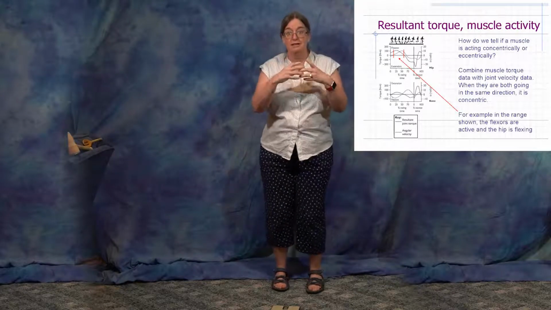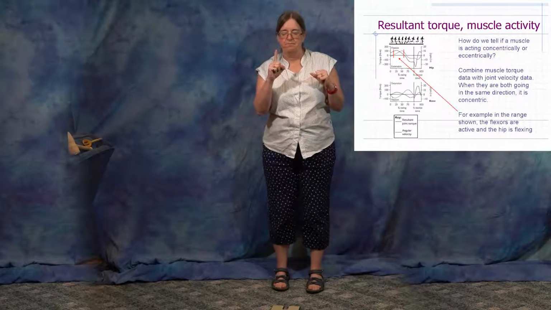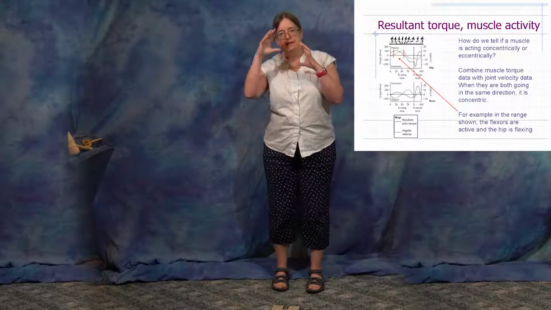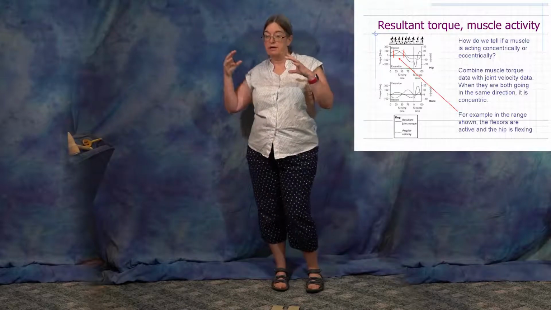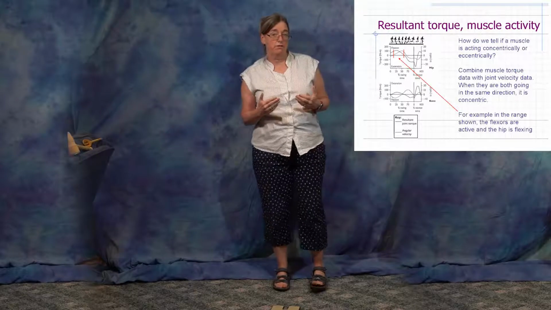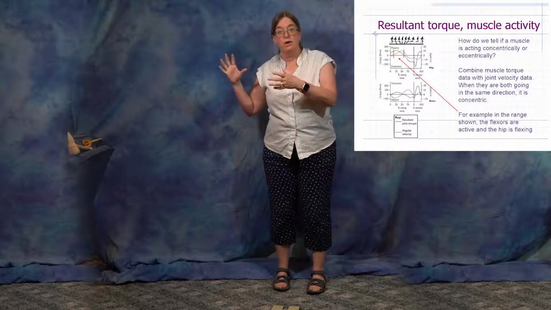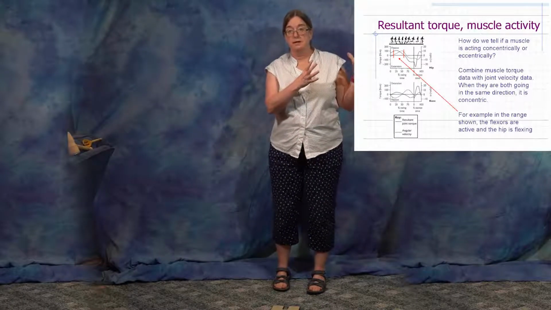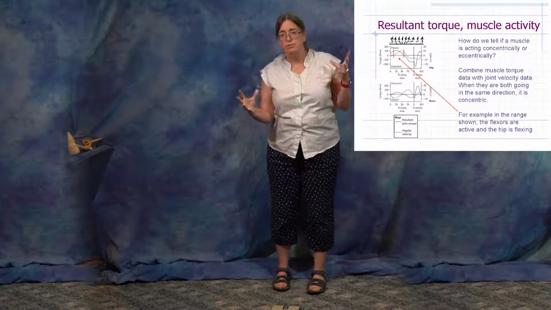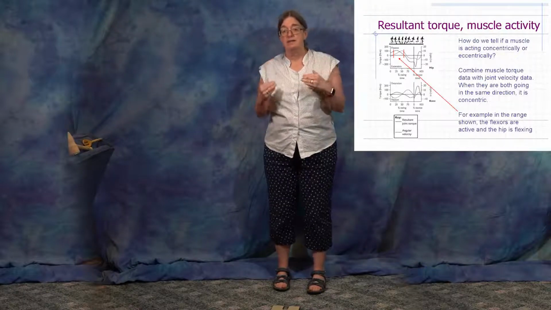So it has to be activated and shortening or lengthening. So we know the agonist muscle is on. That's the definition. And so we need that extra information to figure out if it's on and shortening or on and lengthening. And we get that from the velocity curve. Ultimately, if the velocity is going in the same direction as the muscle that's on, then it's shortening. It's a concentric contraction. If they're in opposite directions, then it's lengthening, and it's an eccentric contraction.